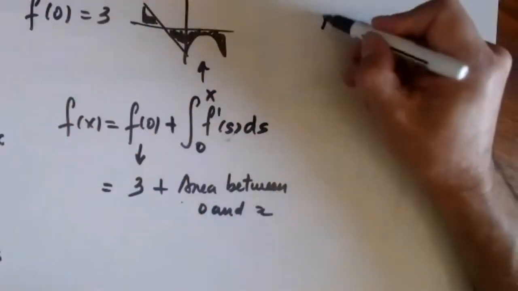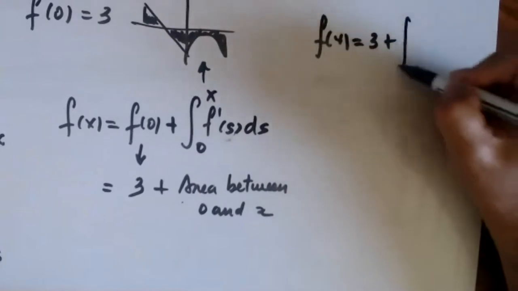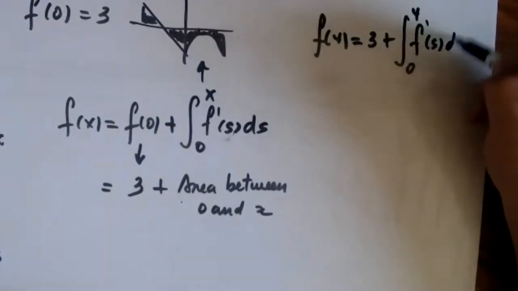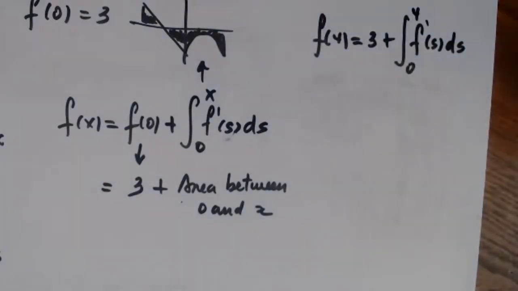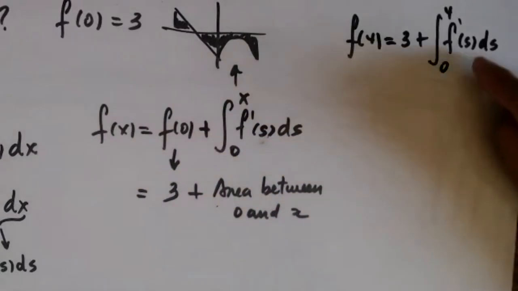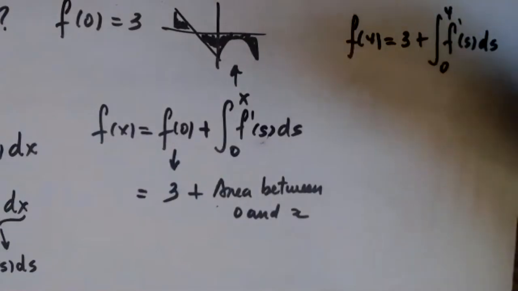So f of 4 is 3 plus the integral from 0 to 4 of f prime of s ds. Now, are these limits of integration fine? What do you think? From 0 to 4. Yeah. Okay, you don't have to switch anything.